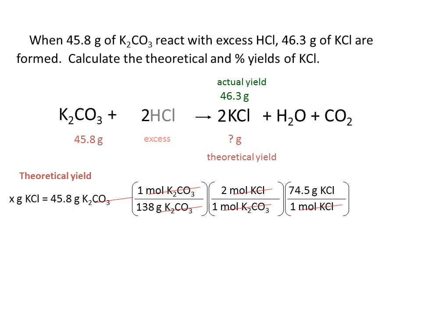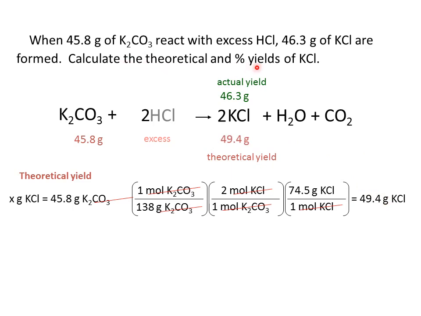At this point, I just have to calculate this, taking 45.8 grams times 1 times 2 times 74.5, divide by 138, and that will equal 49.4 grams of potassium chloride. This number, the 49.4 grams of potassium chloride, is my theoretical yield.